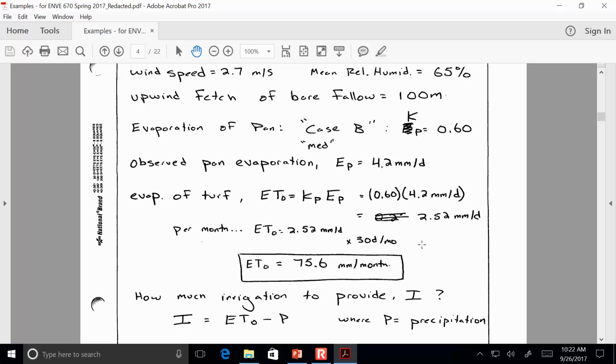That's what this model is assuming. There are a lot more factors that account for where the water is going, and we will talk about those later on, but irrigation to provide is, at the very least, the evapotranspiration minus precipitation.